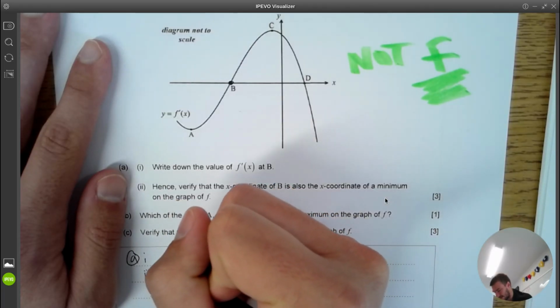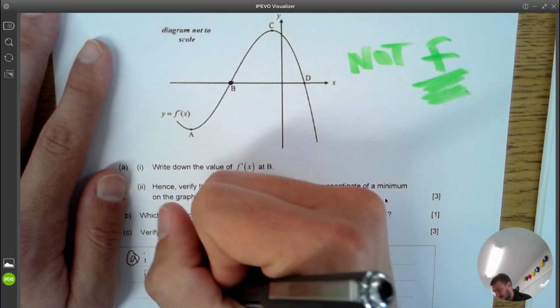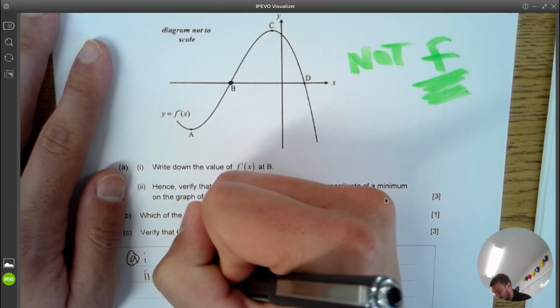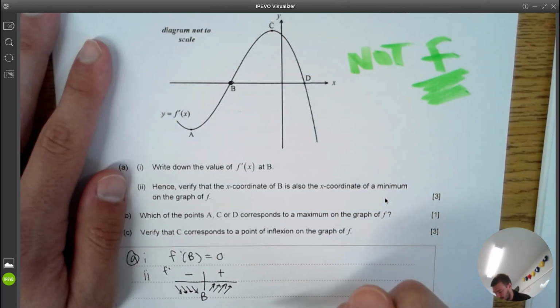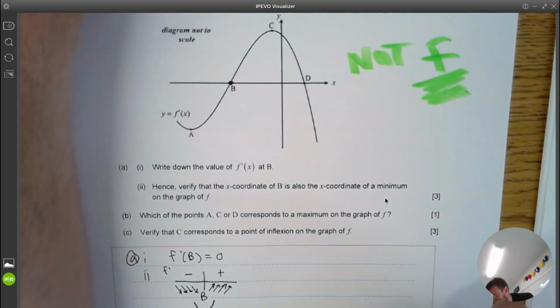And because we're looking at the first derivative, that means that my graph is, when it's negative, going down, and then after that it is going up. And that means that my graph looks like this, and that means that I have a minimum at b.